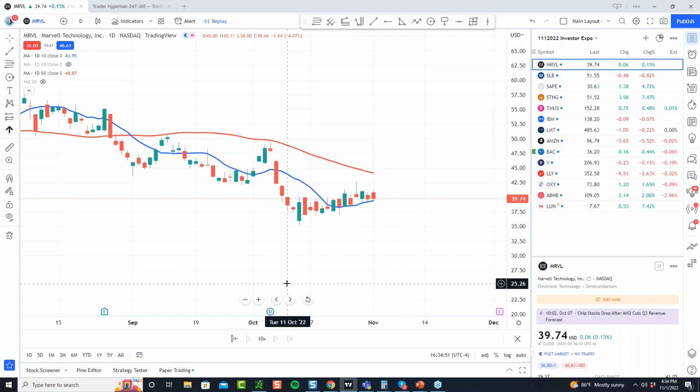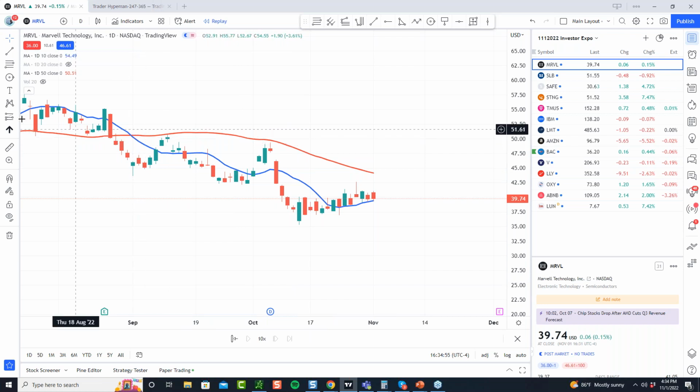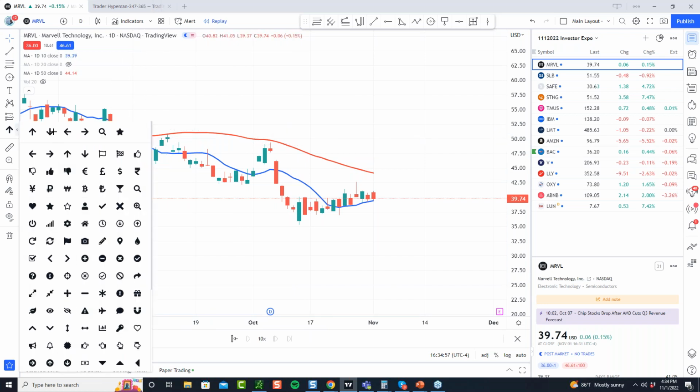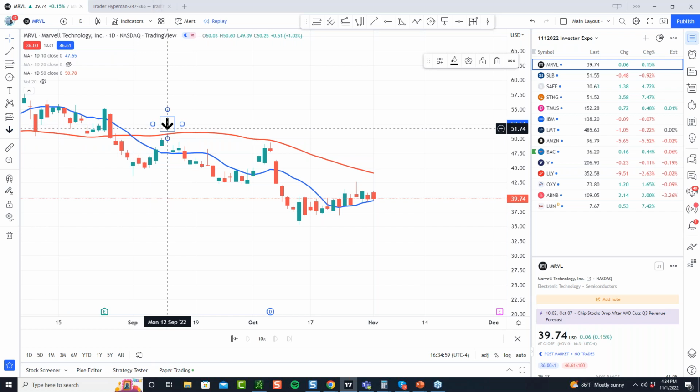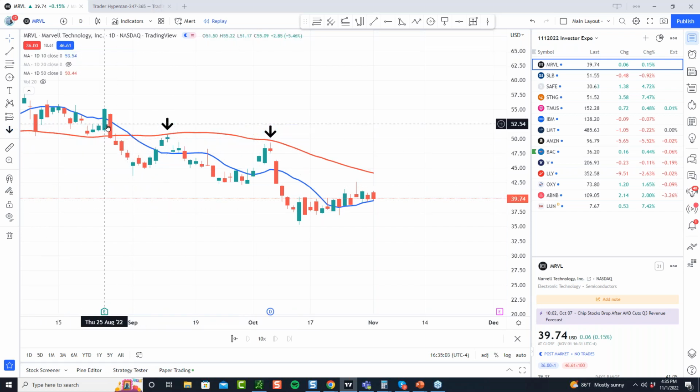what you're going to see is that we've got the 50-day hanging on top of us. This is resistance. So we have a longer-term trend as resistance on top of us. And you can see what happens to the market. We come down away from the 50, come back up, bounce back down off of it, come back up, bounce off of it, and create this extension-retracement look and feel.